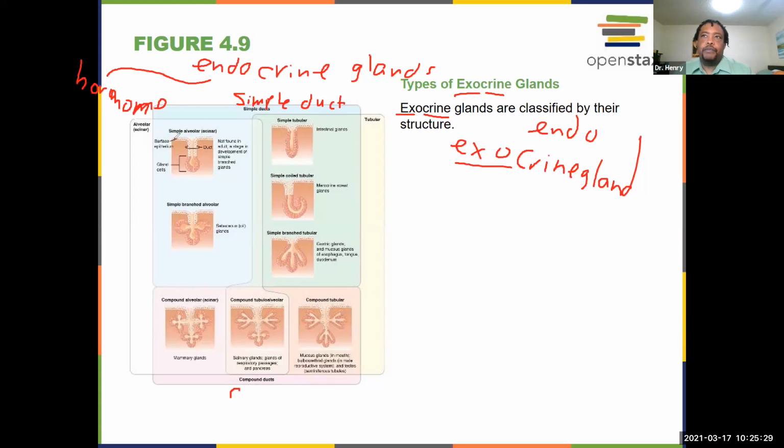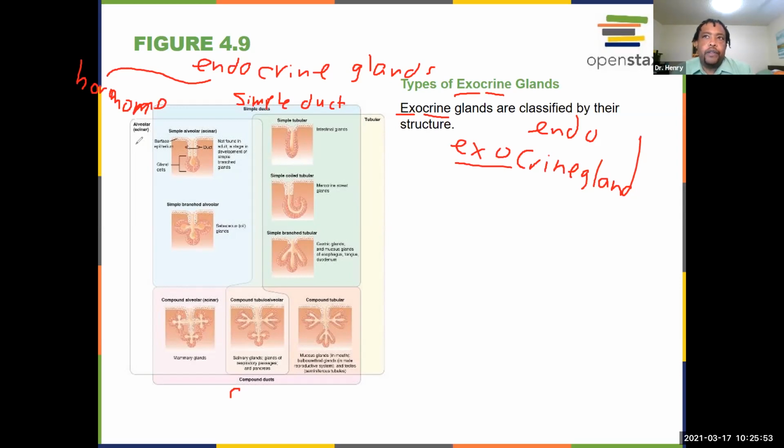Like these guys, you basically have a pinch. It's just like a little pin, or like a bobby pin, right? So a pin structure in this case. So that's a simple alveolar gland right there. These guys are tubular because they just form nice tubes.